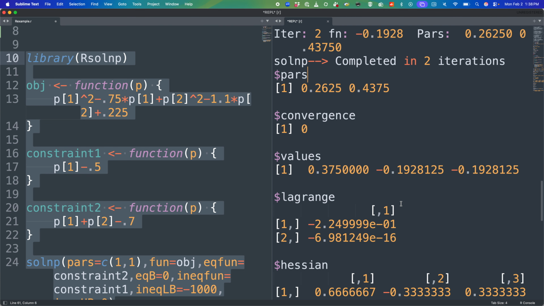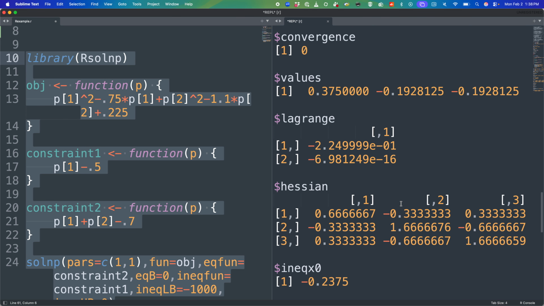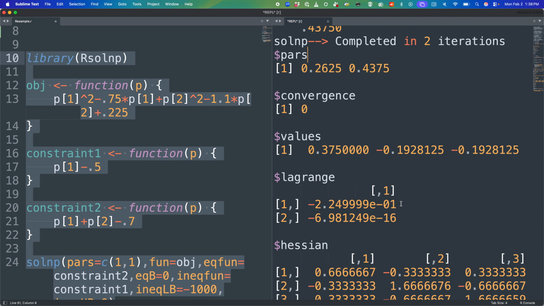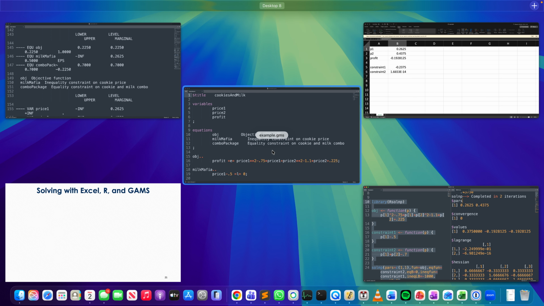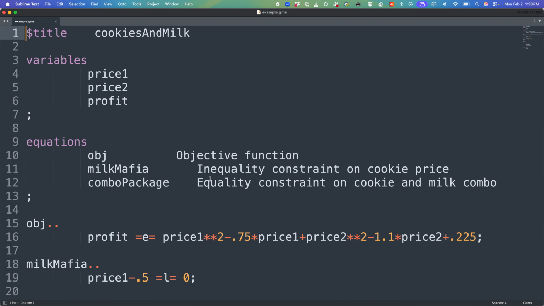Okay, so a little bit hand wavy, but I'm giving you the framework and the code to be able to do this and to show that there are different platforms and software solutions to run this. The one that I was mentioning before is GAMS.